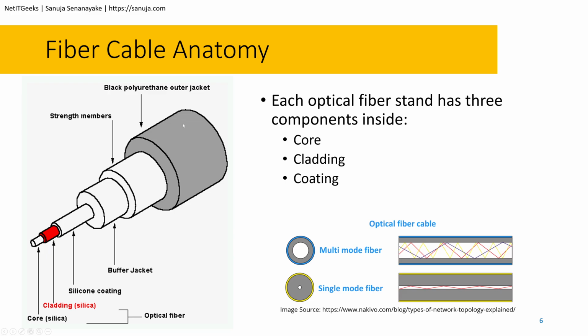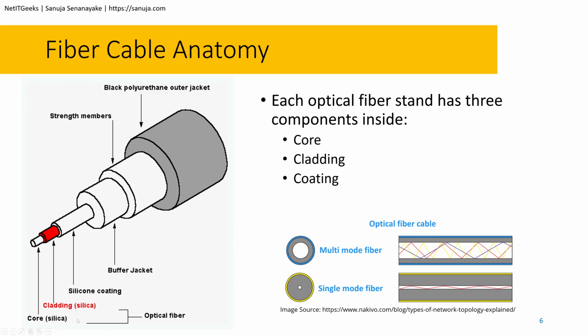And it's not always black, it comes in yellow, blue, etc. It can have any color, but this is what a typical cable looks like. So in cables, the majority of the thickness is not coming from the optical fiber, which includes the cladding as well as the core. The majority of it comes from the protection which the cable has. So keep that in mind.